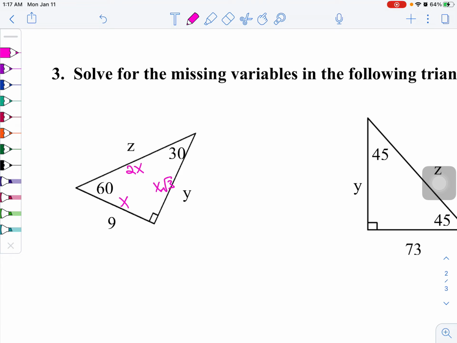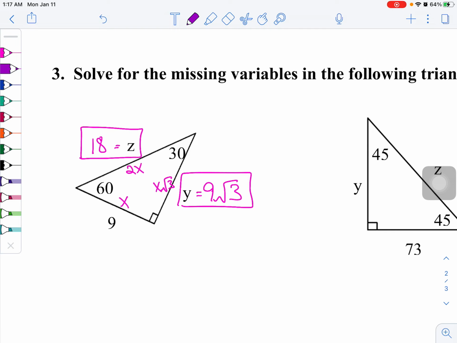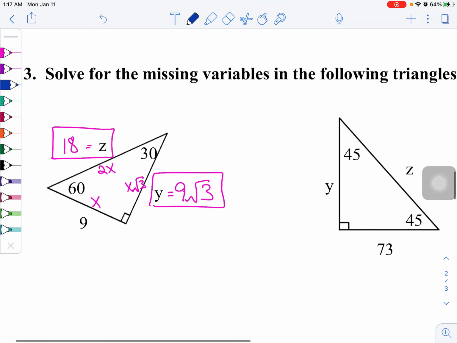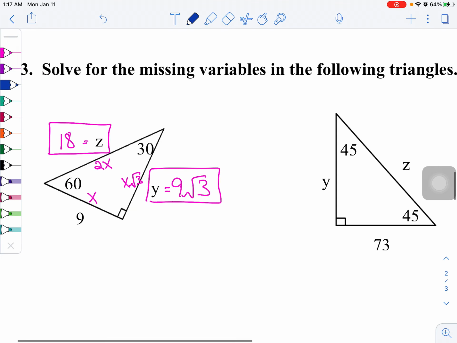Opposite the 60 is x root 3. So if x is equal to 9, that's going to make this side 9 root 3. And it's going to make this side 2 times 9, which is 18. And that really is as simple as it gets for that problem, as long as you can label your sides and figure out what x is.